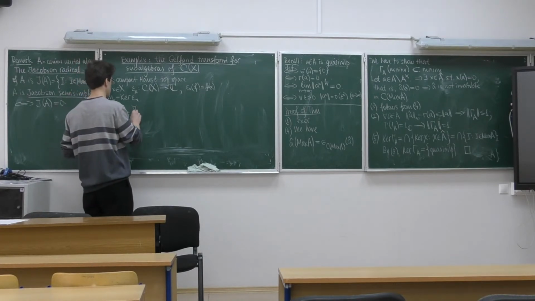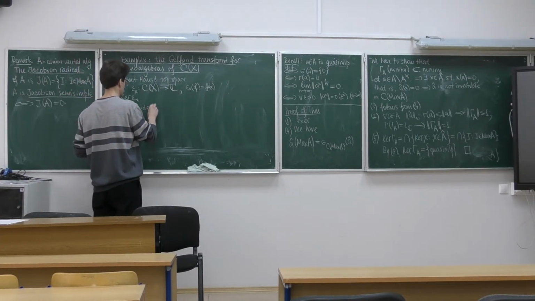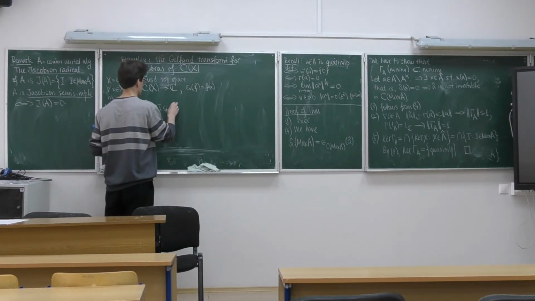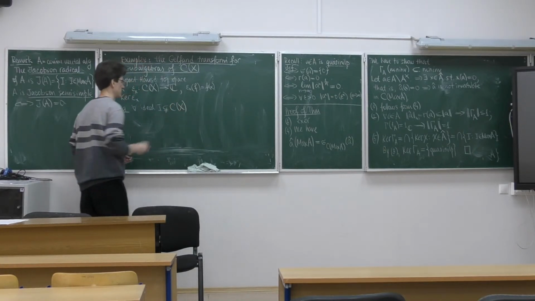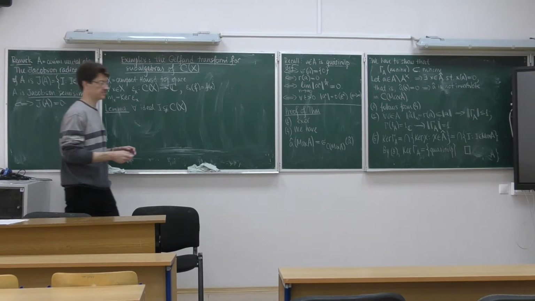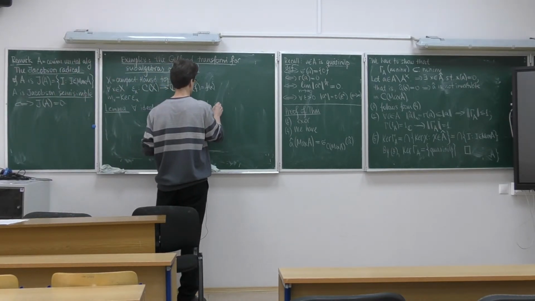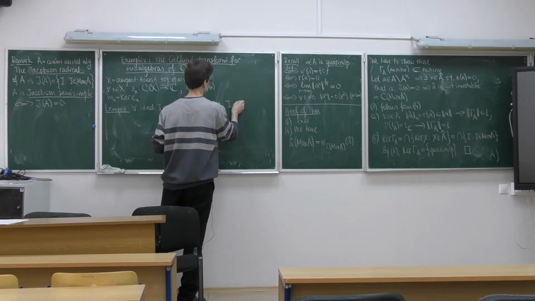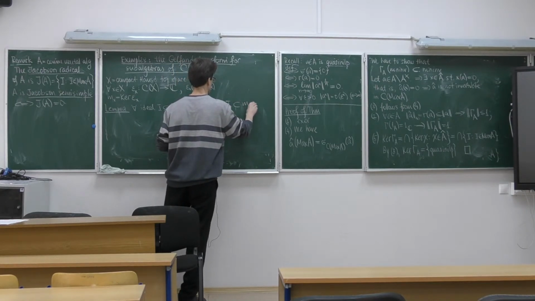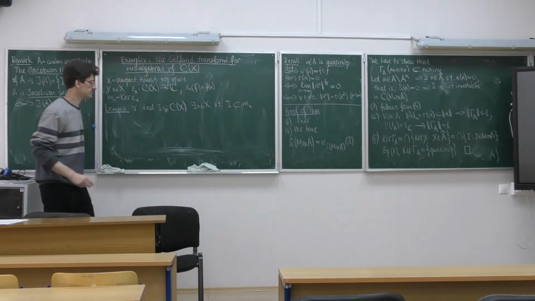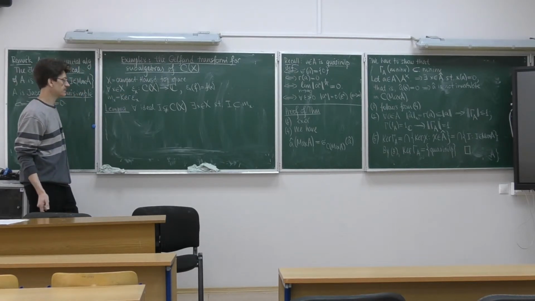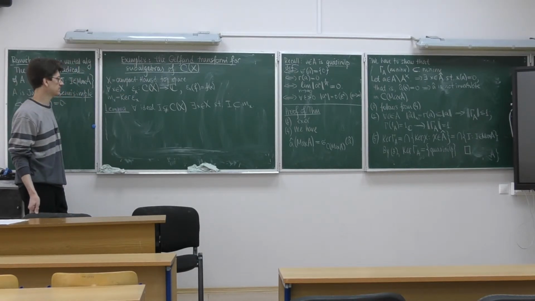I claim that for each proper ideal I in C(X), there is a point, little x, in our space such that I is contained in n_x. So there is a common zero for all functions in our ideal.